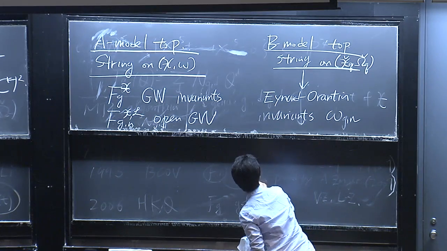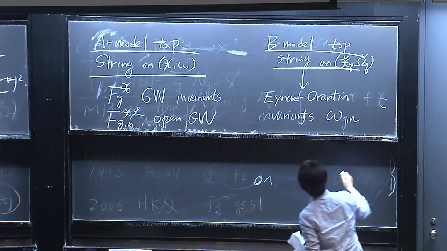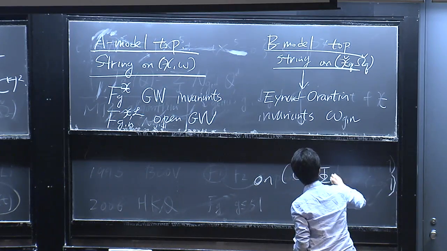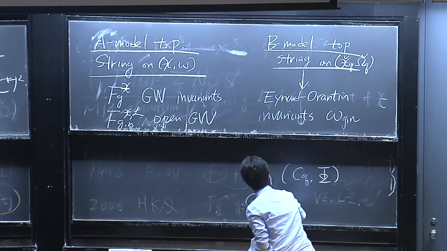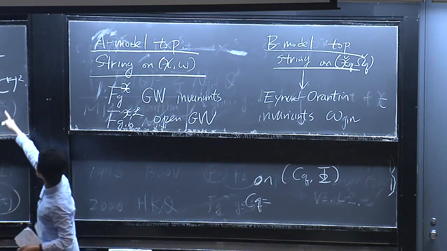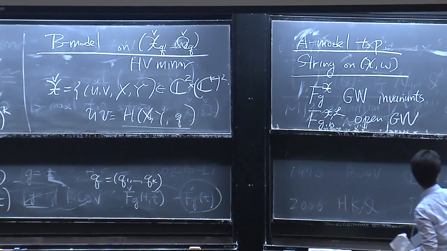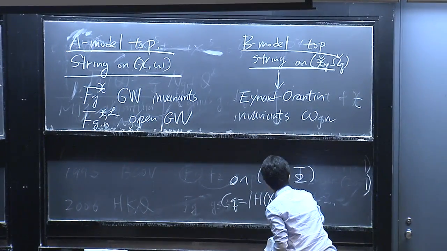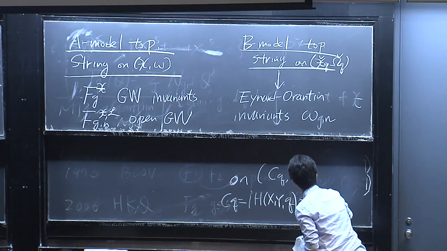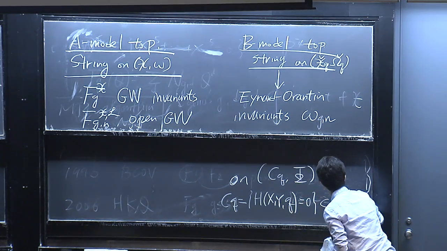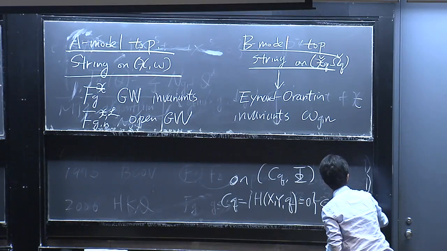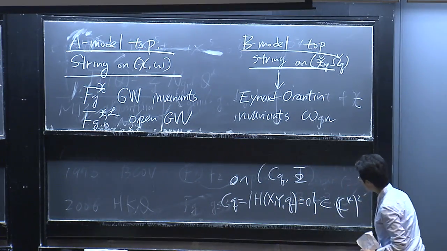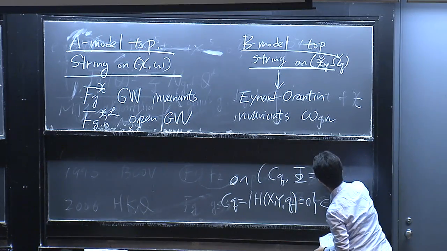These are actually on the mirror curve C_q. Here C_q is the affine curve in (C^*)^2 defined by this equation, and this is a one-form.